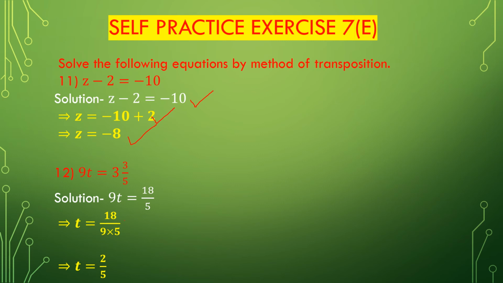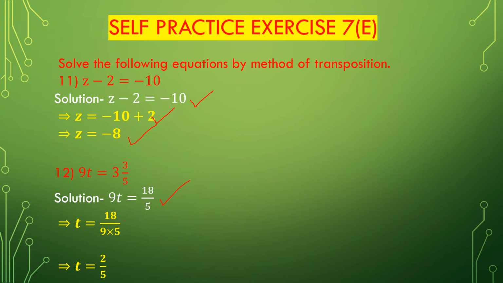Number 12. 9t equal to 3 and 3 divided by 5. 9t equal to 3 and 3 divided by 5, this is the equation given. First we convert this mixed fraction 3 and 3 divided by 5 into an improper fraction.